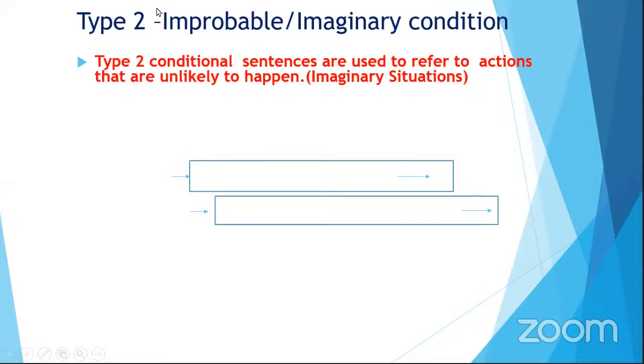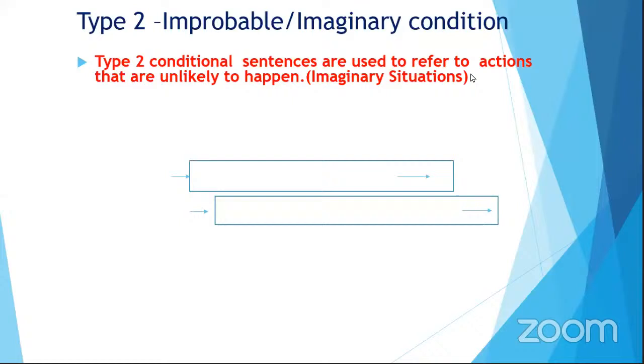We call it improbable or imaginary condition. What is imaginary? When we talk about these imaginary situations, imaginary things, you will have to use it. Look at the explanation or description I have given.